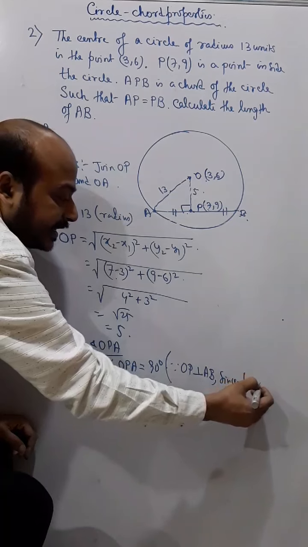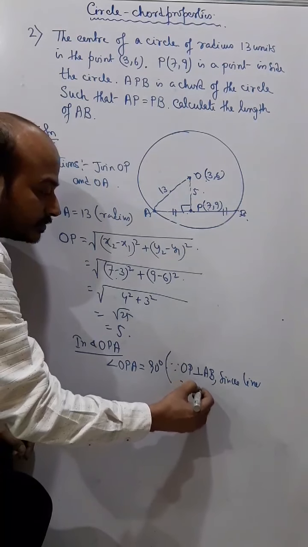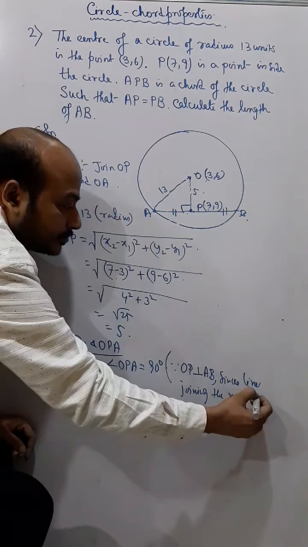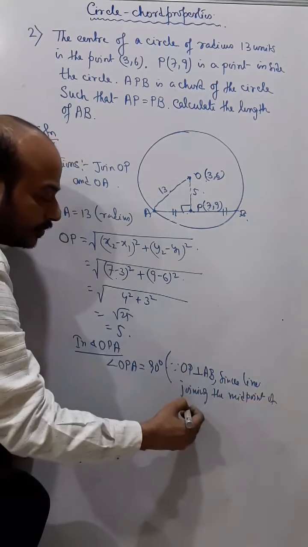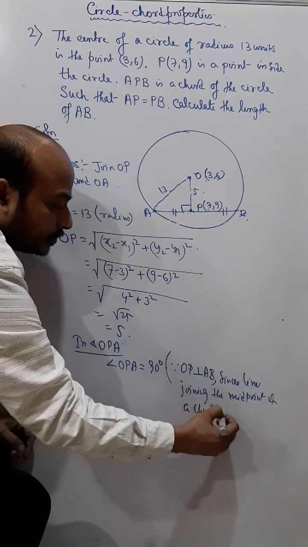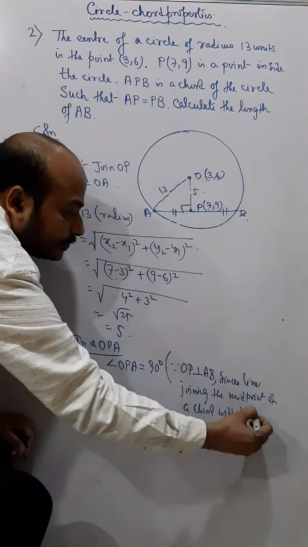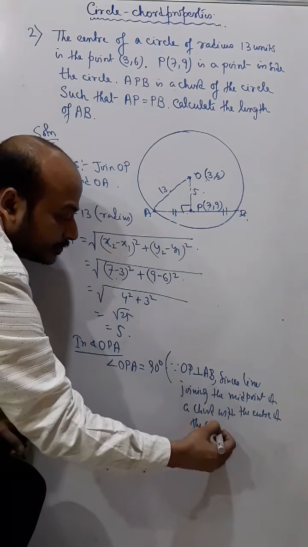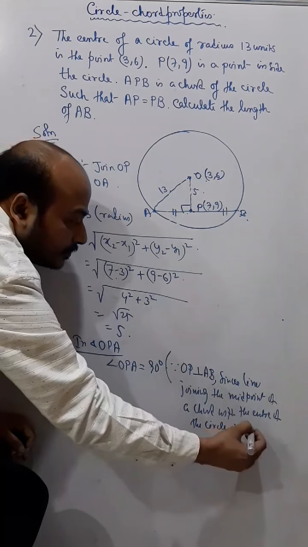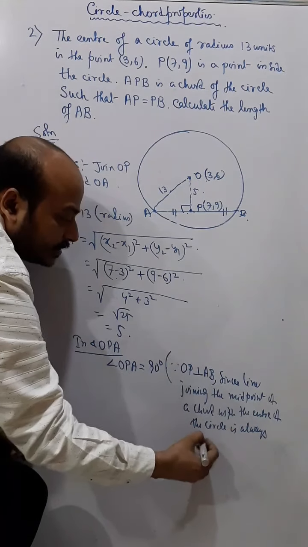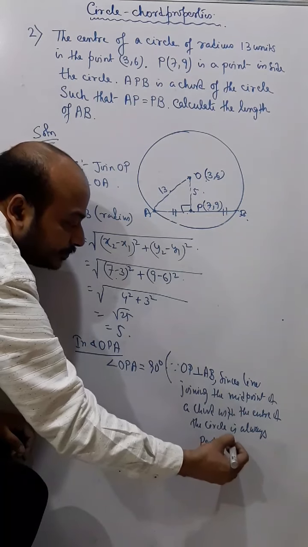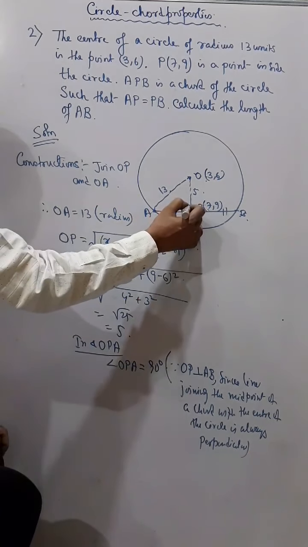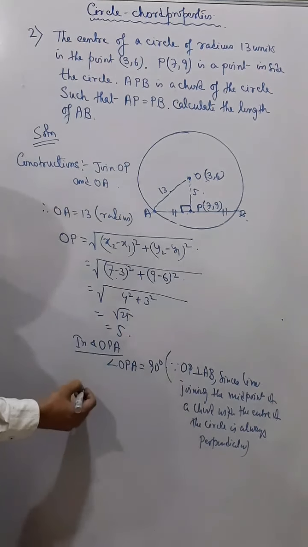If you remember the theorem, the line joining the midpoint of a chord with the center of the circle is always perpendicular. Okay, now since this is 90 degree, we can use Pythagoras theorem.